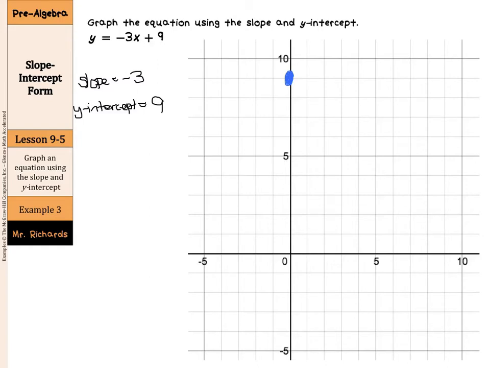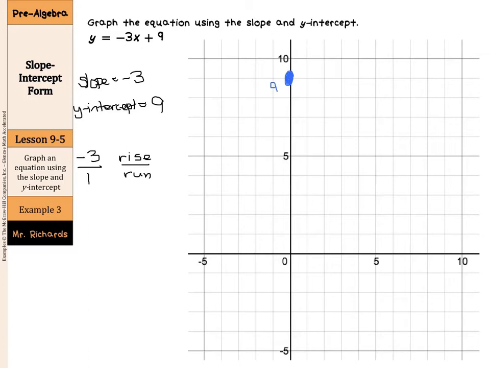That is the y-intercept here at 9. Now, a slope of negative 3 we can look at as negative 3 over 1. Now, remember, slope can be interpreted as rise over run.